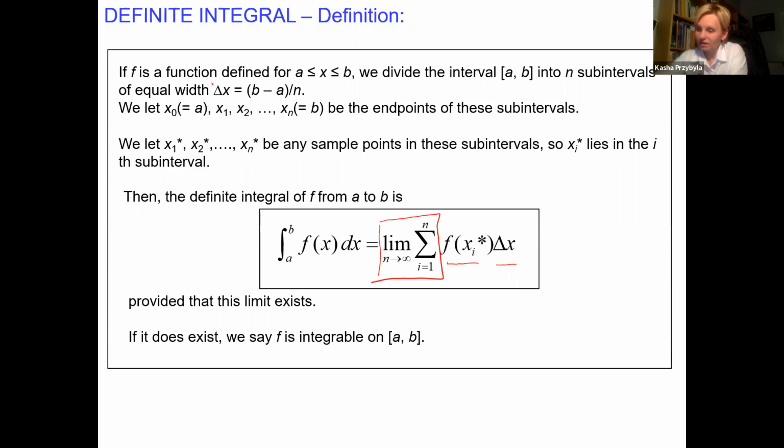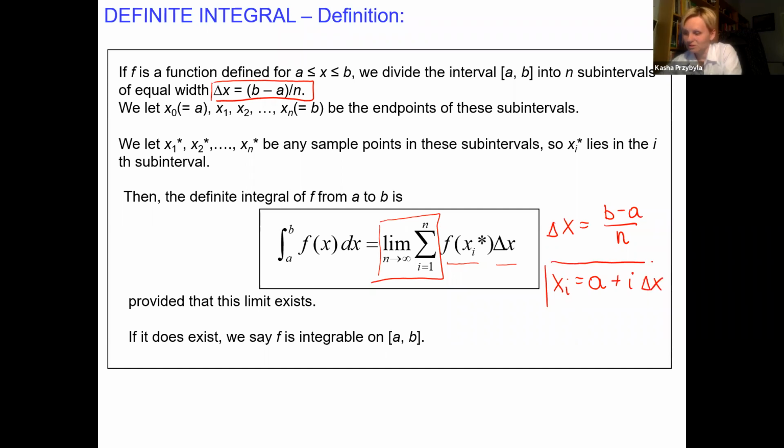We have to know how to compute delta x: the entire interval divided by n, and the sample point is a, the beginning, plus i times delta x. That's the right-hand side sample points.